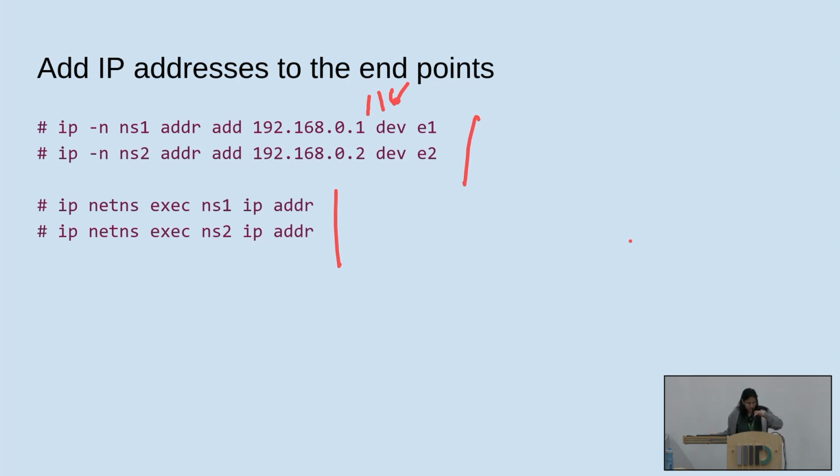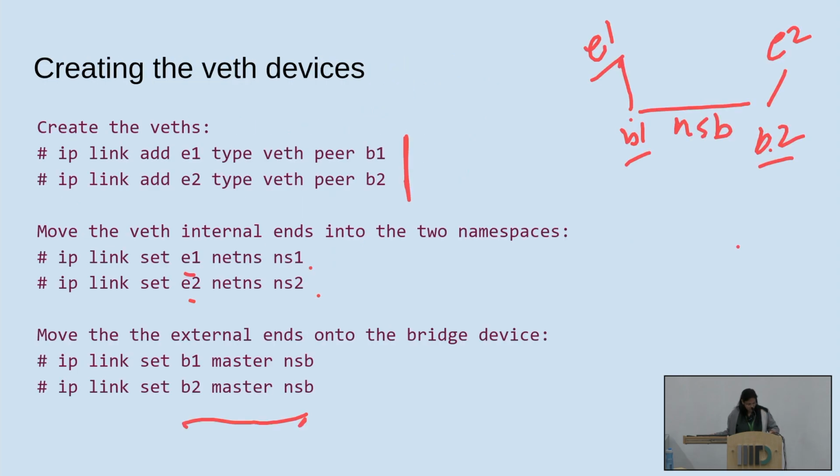So I think bridge doesn't have to be created again, or the B1, B2 don't have to be created. Delete the namespaces and just do these commands.